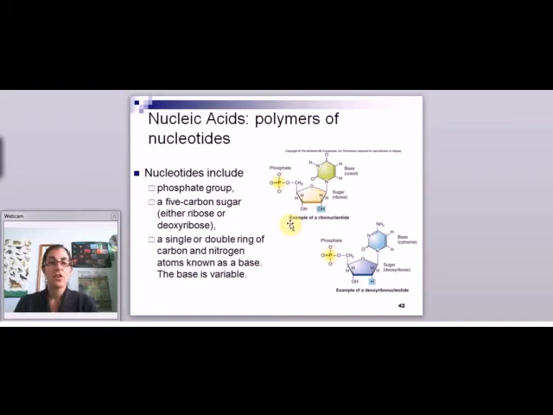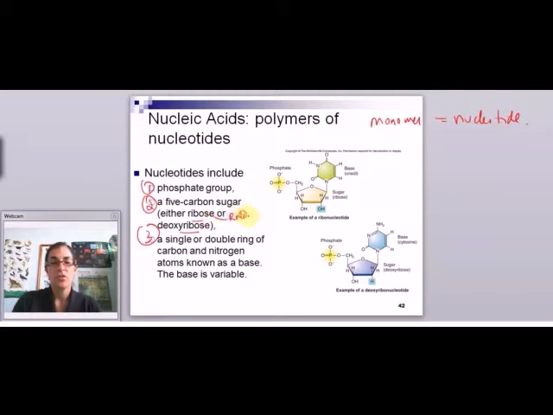So nucleic acids are also polymers. The monomer of nucleic acids is the nucleotide. Each nucleotide has three things in it. They have a phosphate group, a sugar, and the sugar is a little different depending on if it's DNA or RNA.